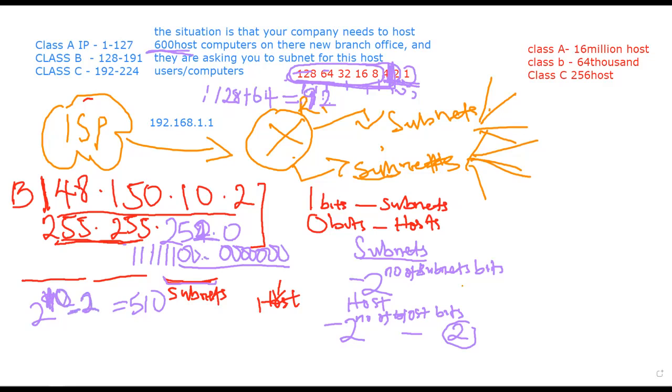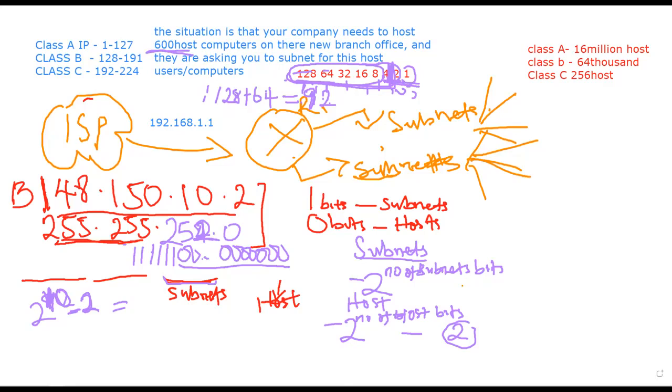Now let's see what 2 to the power of 10 gives us. Our subnet should be around 1,000 or so.